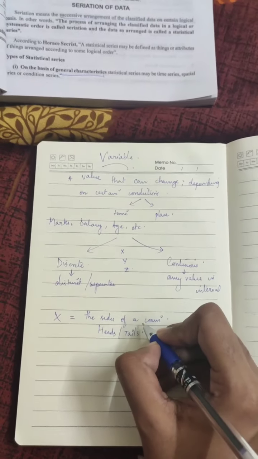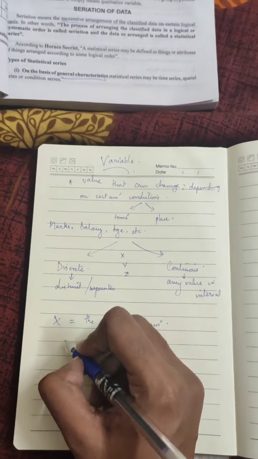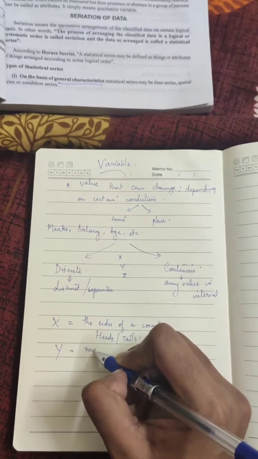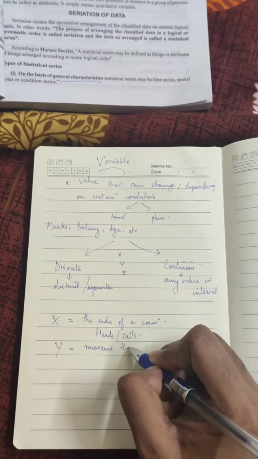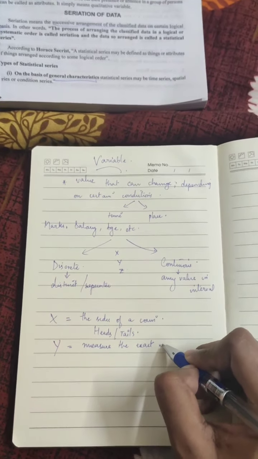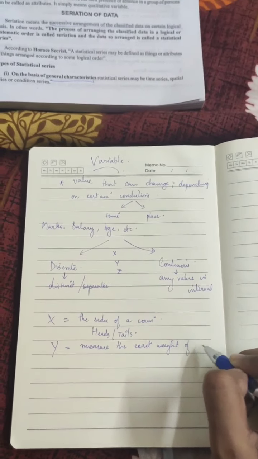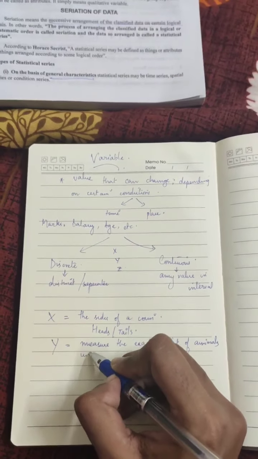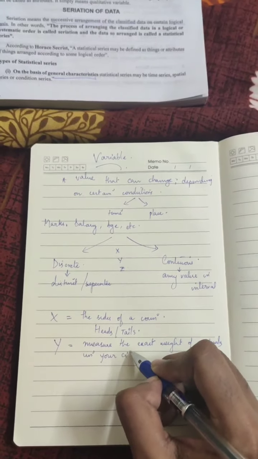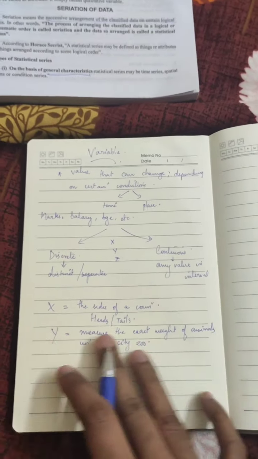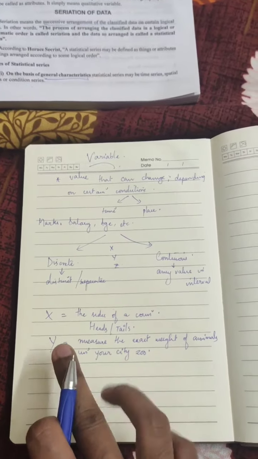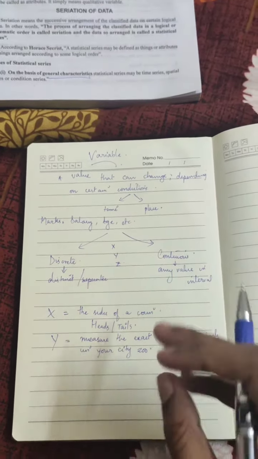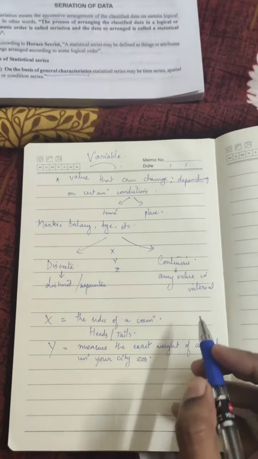Next, another example. Y is equal to, you are supposed to measure the exact weight of animals in your city zoo. This is a continuous variable. Why?